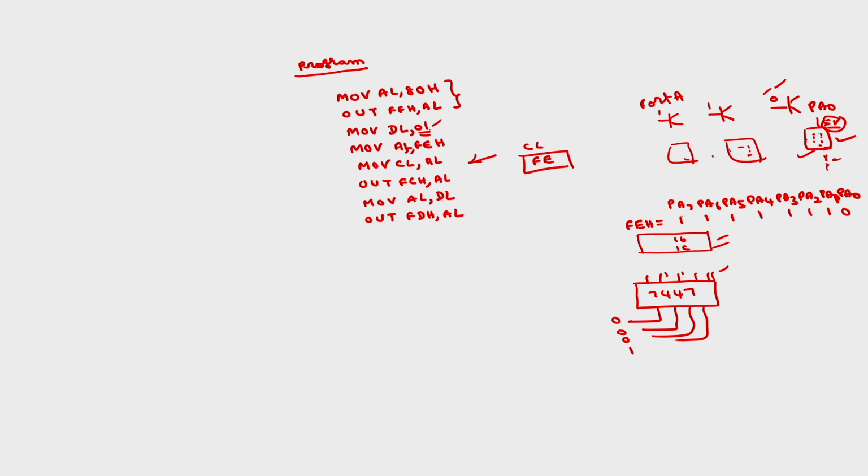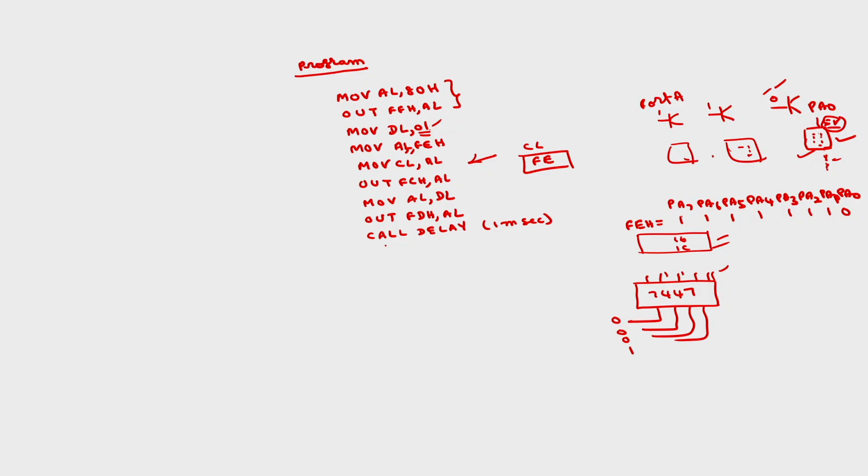Okay. Now you call a delay. This delay will be of the order of 1 millisecond. Then before you send the second digit, that is 2, to the second display, you make sure that all the displays are off. How to turn off all the displays?